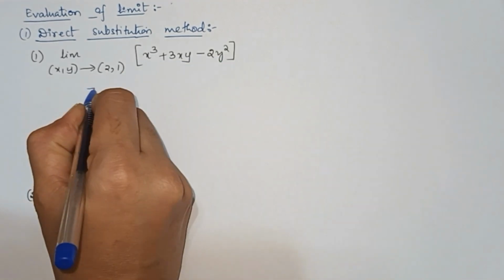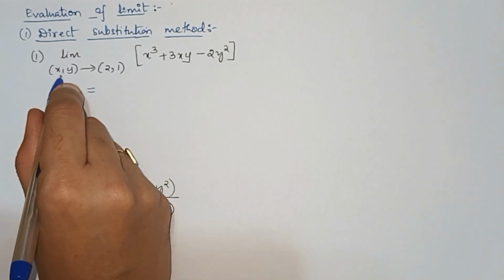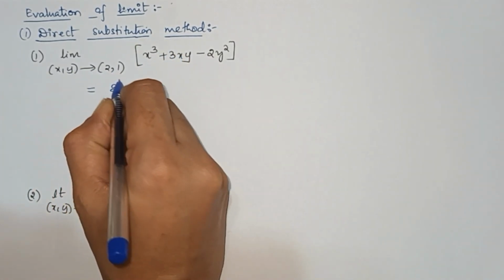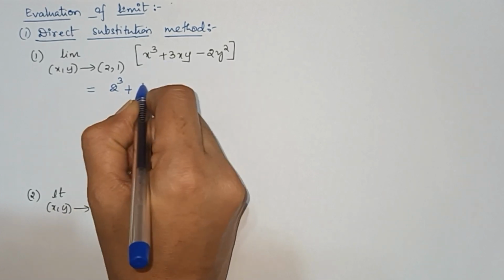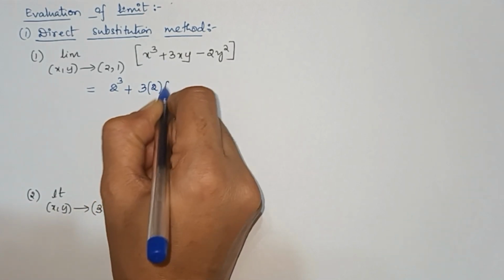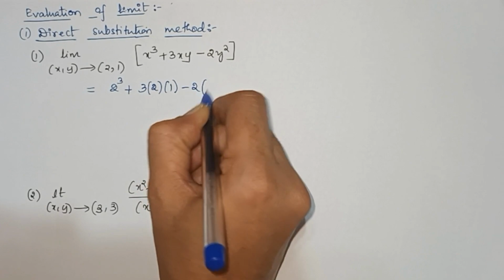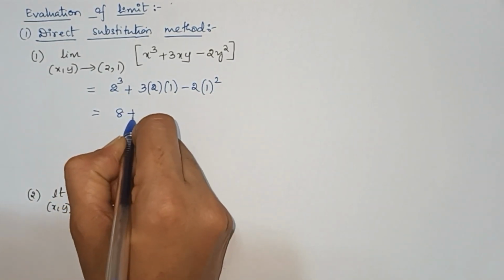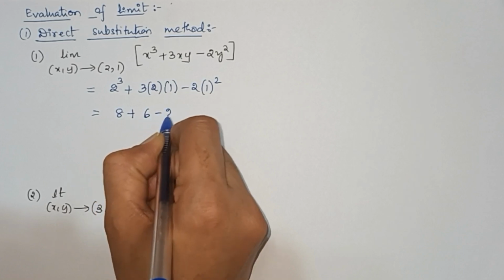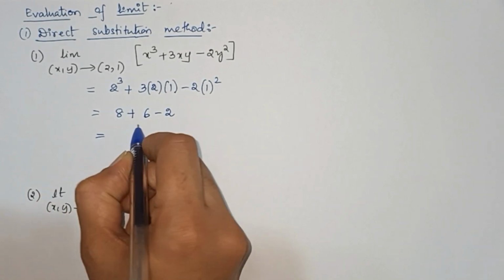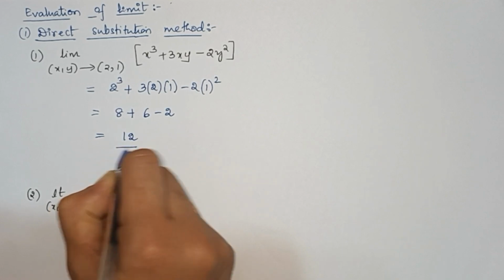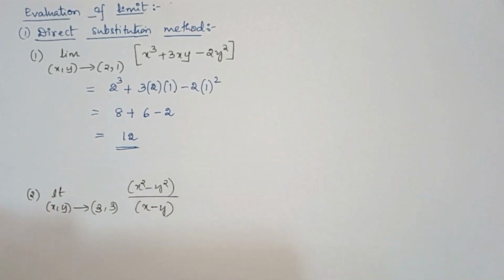Now let me apply the values of x and y directly into this function, which gives you 2 cube plus 3 into x is 2, y is 1, minus 2 into 1 square. So evaluate this. 2 cube is 8 plus 3 times 2 is 6 minus 2, which gives you 6 minus 2 is 4, 8 plus 4, 12. The value of the limit is 12. This is using the direct substitution method.